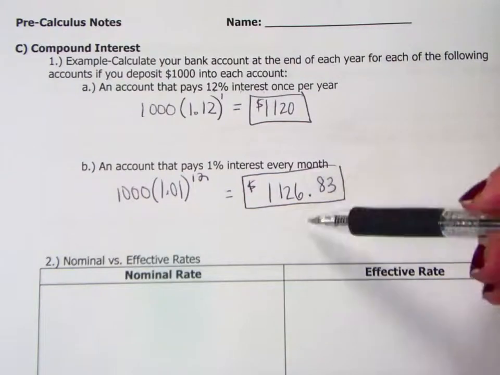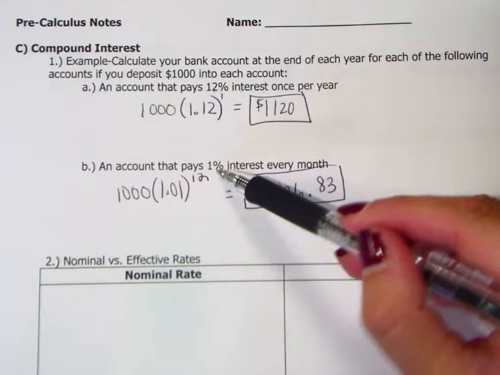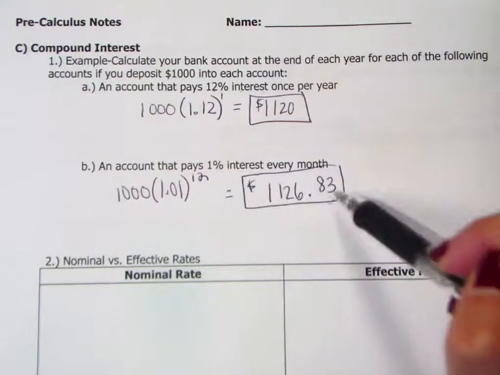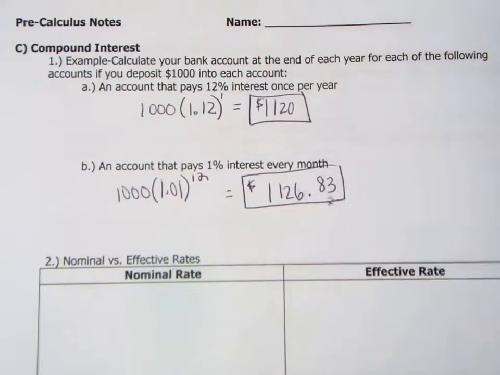Why is this different? Because I'm still using 12% interest, but why is this different? Why are we getting more money with the second situation?